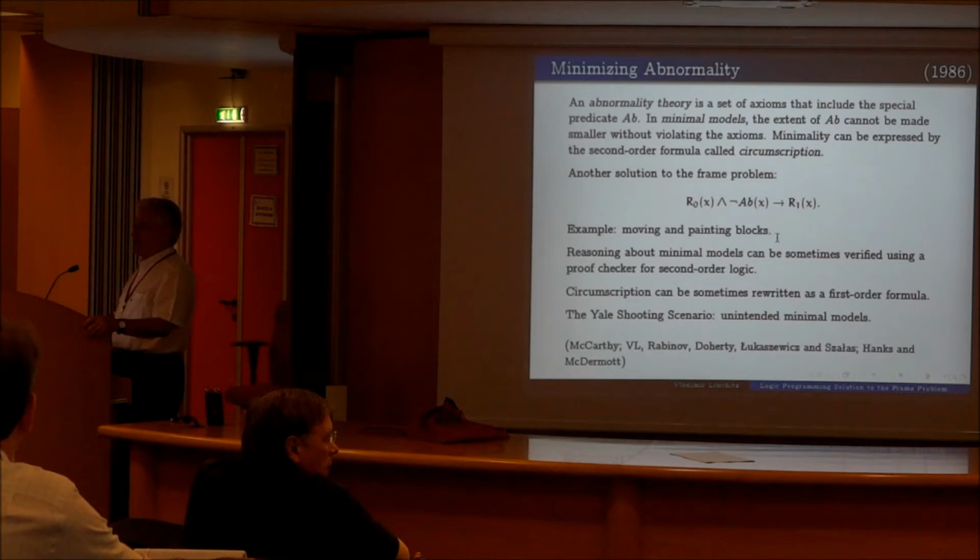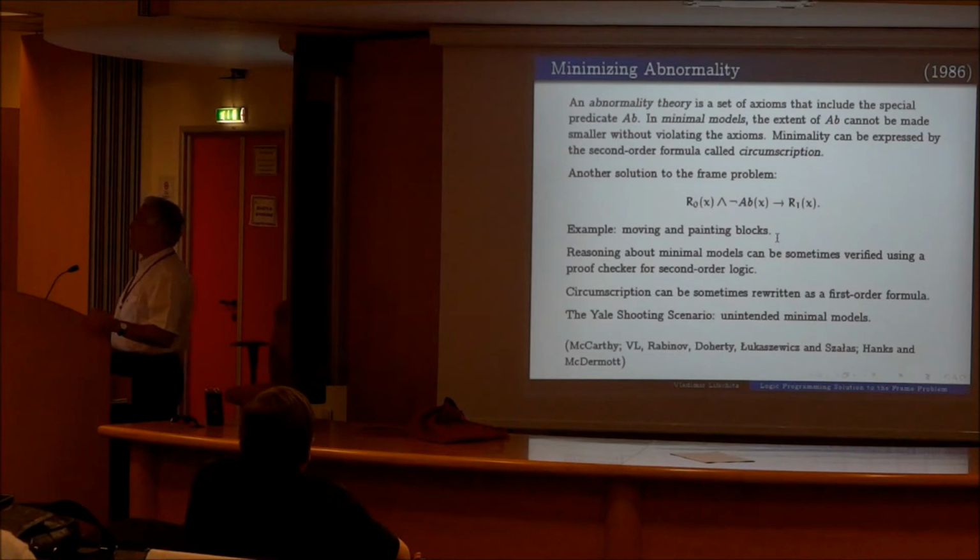Something that McCarthy did in this paper: he didn't really try to automate reasoning about circumscription. But at least he tried to verify his conclusions about the effect of circumscription using a proof checker that could work with second-order logic.